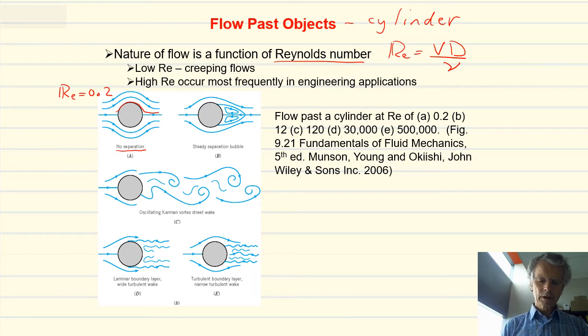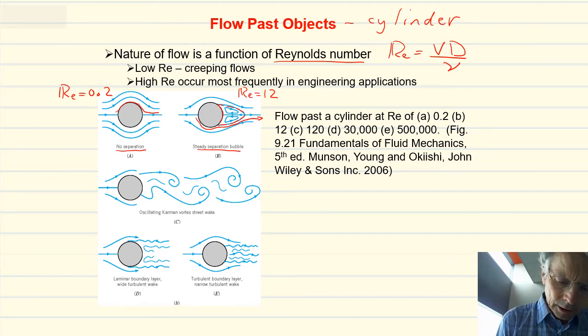If we increase the Reynolds number a little bit, and in figure B, that would be the Reynolds number equal to 12, we get flow separation, and we get a steady separation bubble. So the steady separation bubble is the region inside that dashed line there. They call it a separation bubble because fluid that is flowing past the cylinder like this separates from the surface of the cylinder and flows off in that direction.